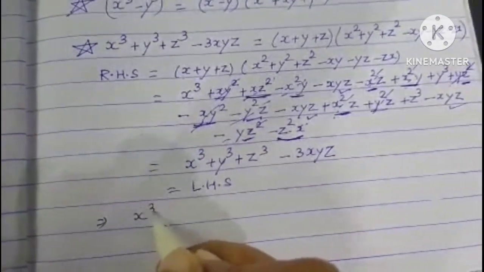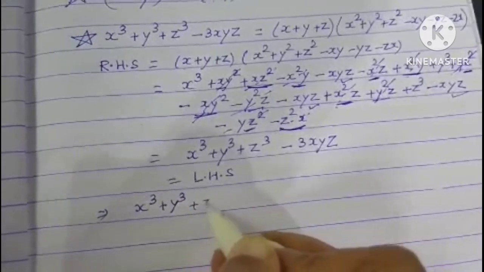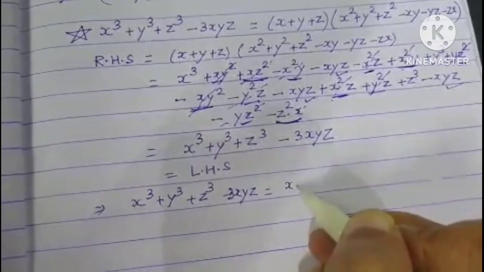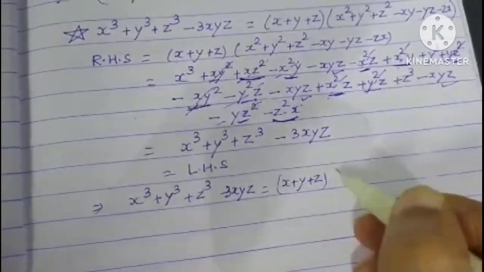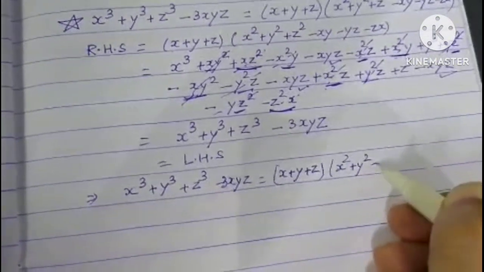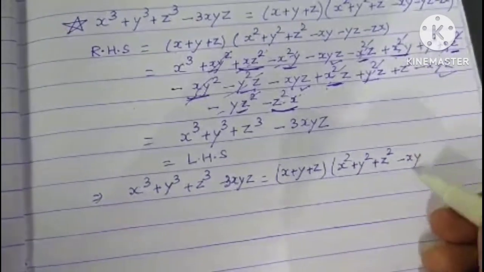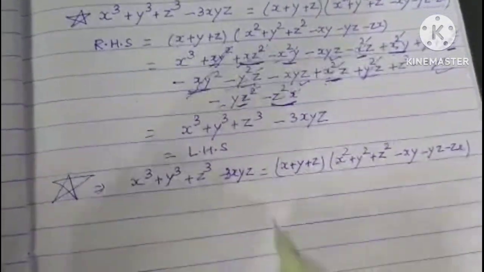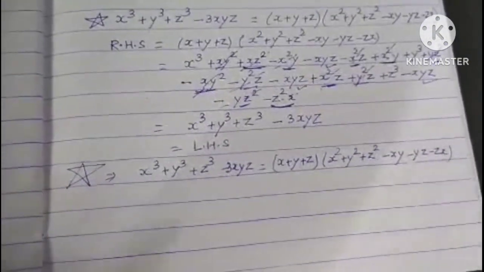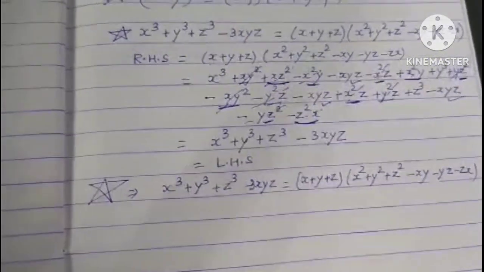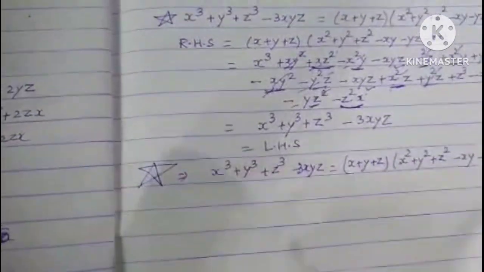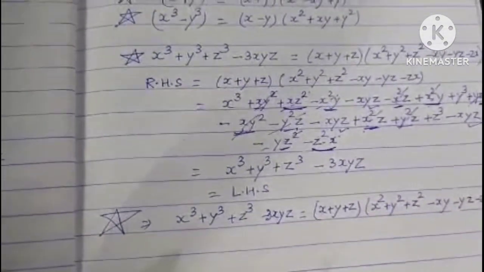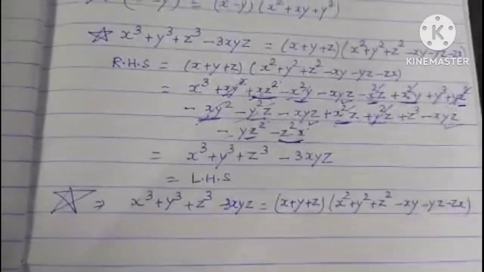This implies x cube plus y cube plus z cube minus 3xyz is equal to (x plus y plus z) multiplied by (x square plus y square plus z square minus xy minus yz minus zx). And these are very important identities which we will use further on. Okay, now we have seen some identities and we will solve some problems related to these identities later on. So let us move forward.